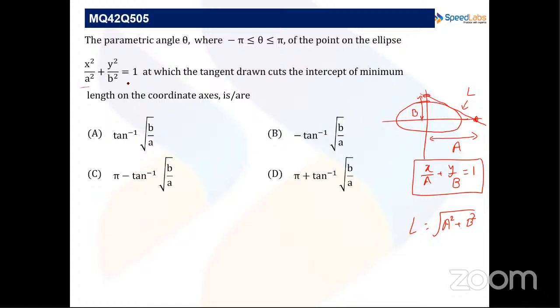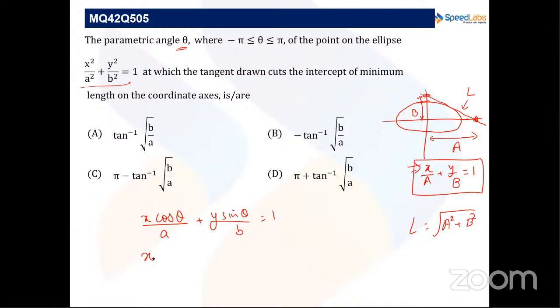So let's find the equation. Since it is given that it is the parametric angle, we will write the equation of the tangent in the parametric form. So it will be x cos theta upon a plus y sin theta upon b equals 1. But now here we can see that it is not in the intercept form, so we will convert the equation into the intercept form.